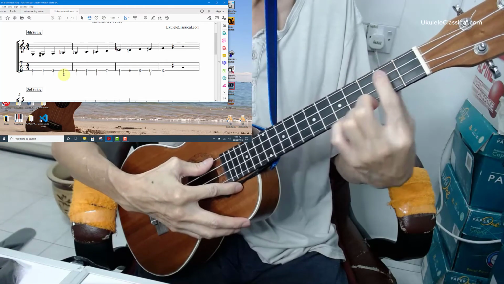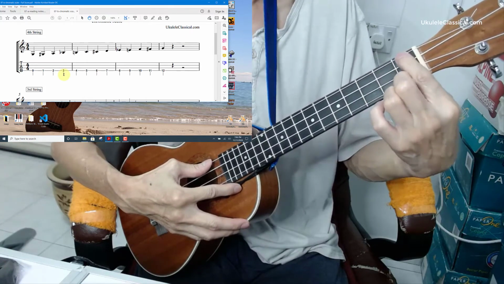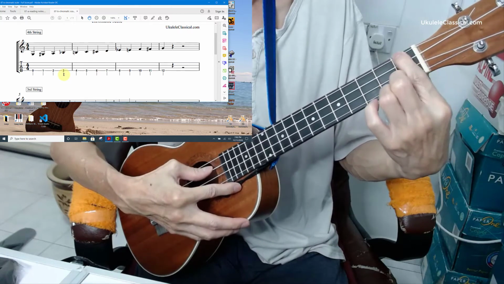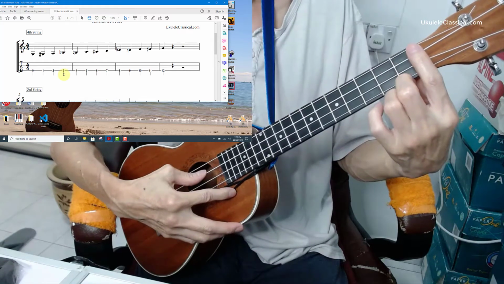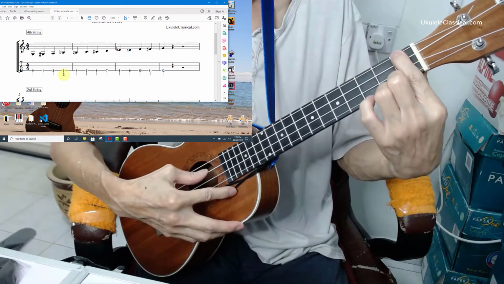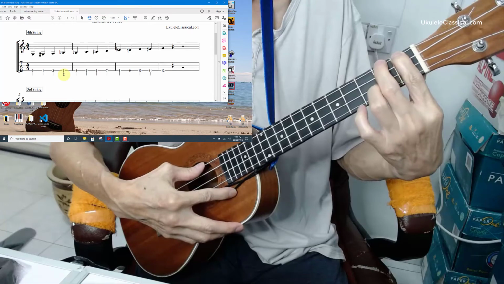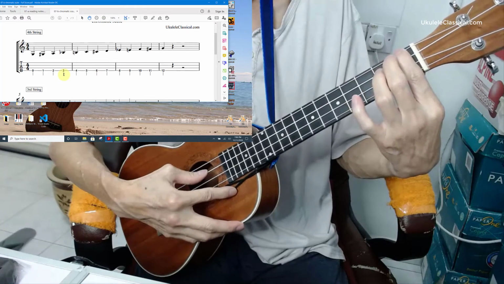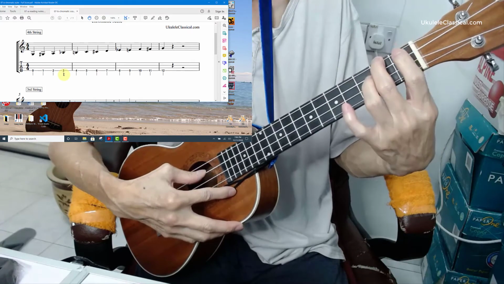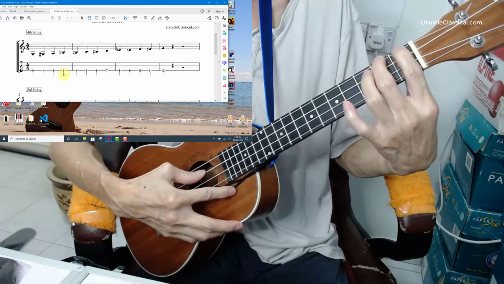For example, if you are coming from the top, from G, the semitone will be G sharp. And if you are coming from here, this will be A flat. Because this is A, this is A flat or G sharp.